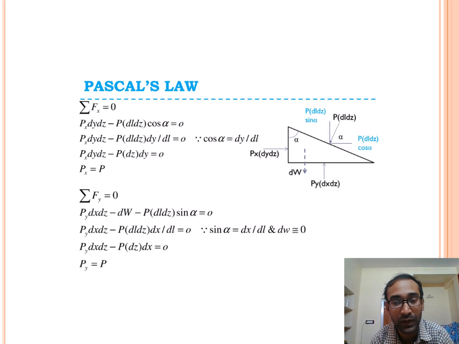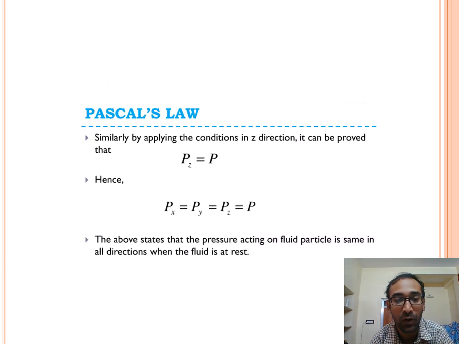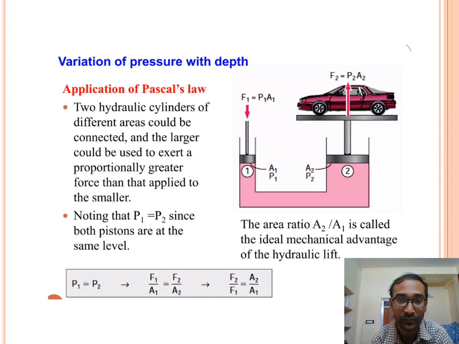Your slides show that all the force in the x direction is 0, all the force in the y direction is 0, all the force in the z direction is 0. Similarly, px, py, pz equals p. That means the same pressure.